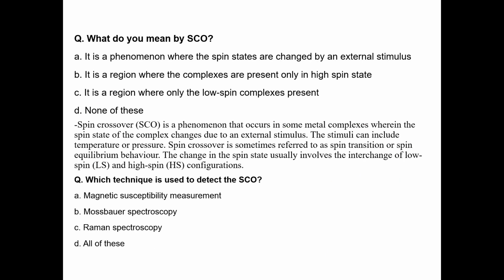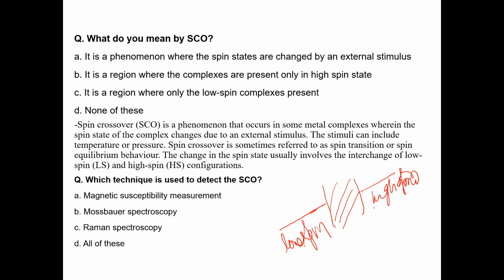So what do you mean by SCO, spin crossover phenomena? Basically, it is a phenomenon that occurs in some metal complexes wherein the spin state of the complex changes due to an external stimulus. The stimulus can include temperature or pressure. So basically, if the complex is in low spin and some external stimulus like temperature or pressure is applied, it can change to high spin, and this region is called the spin crossover region.